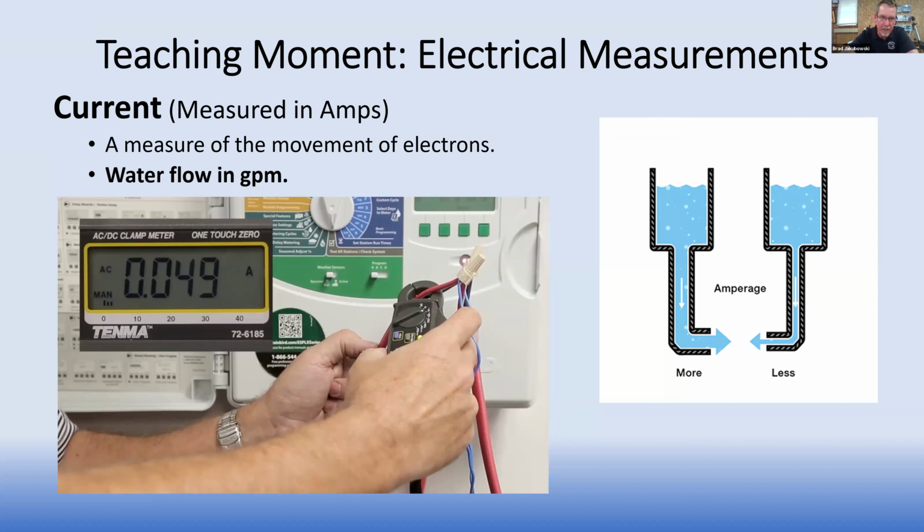And so current, if you remember that, this is considered flow. This is how many. So if you're talking about, well, this thing delivers 22 amps, okay, that's telling you the total volume of electrons that are moving along that particular conductor, or how much water is flowing in a pipe. Okay, so that's current.